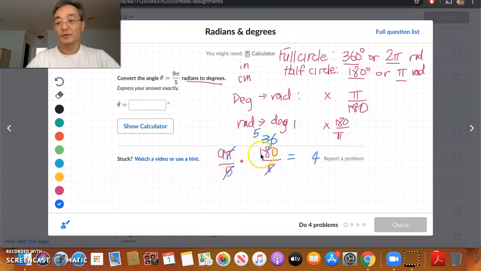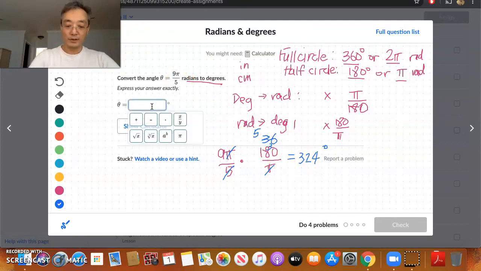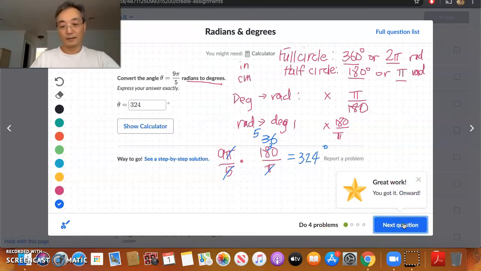And 9 times 3 is 27, plus 5 is 32. So it looks like 9 pi over 5 is 324 degrees. Let's check, and that is correct.